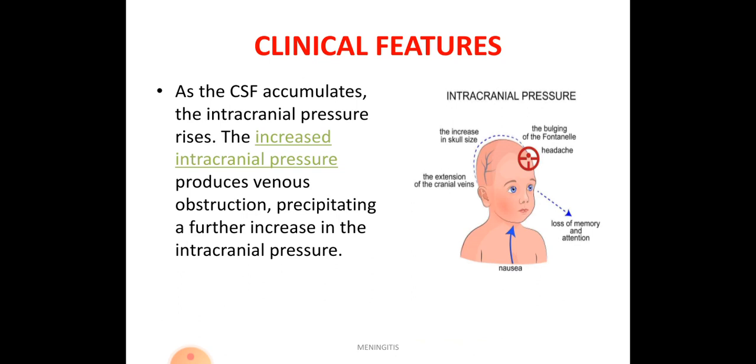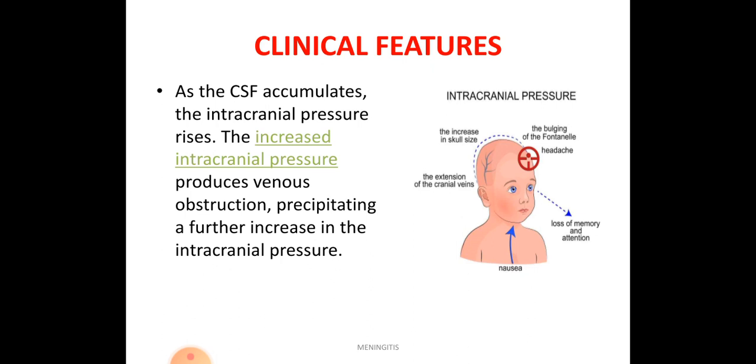Now, here what we have to understand is that because of this there will be increased intracranial pressure, because CSF will be accumulated, so definitely it will be increasing your intracranial pressure. Now ideally, the veins available in the brain are responsible for draining the blood.